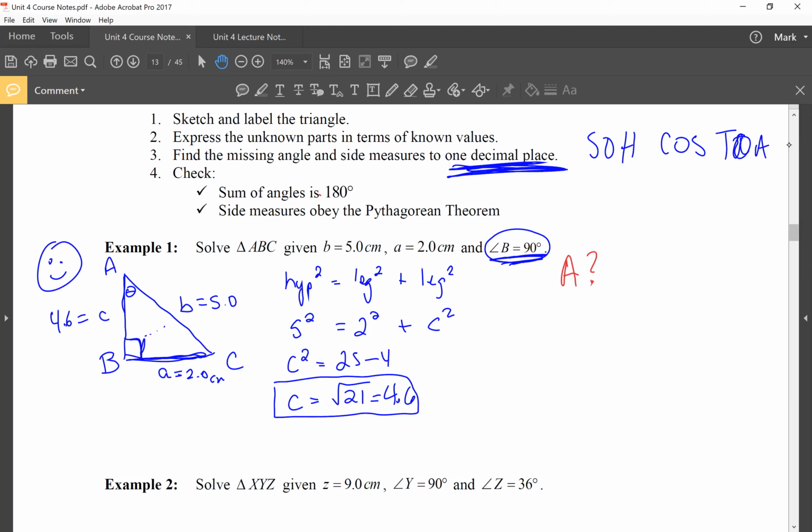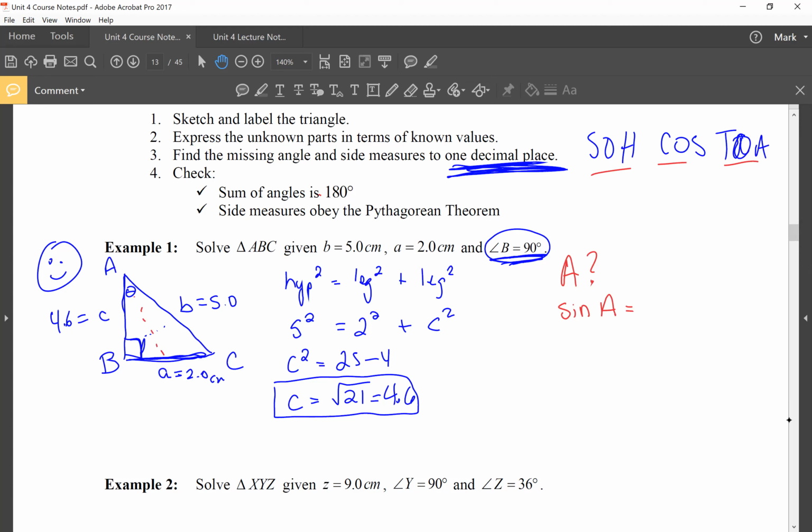Well, I can use sine, cosine, or tangent. I'm going to use sine. Again, it really doesn't matter what I use. Hold on, I'm going to close my notifications here. Okay, so I'm going to use sine. So sine of angle A, we write angles with a capital letter, is the opposite over the hypotenuse.